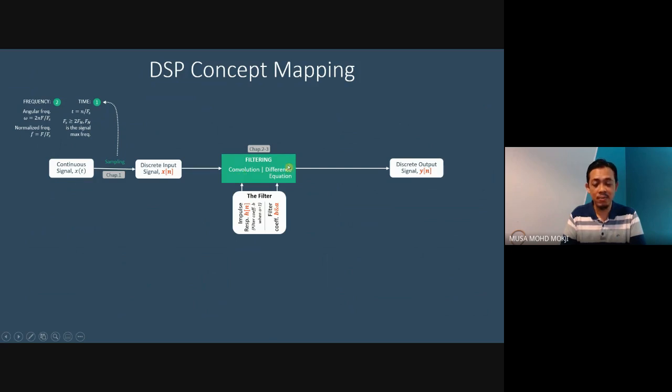And if it is IIR, you have no option: you need to solve the difference equation. We have covered what a difference equation is, what a convolution is, what an impulse response is. These are the things that we learn in this course.